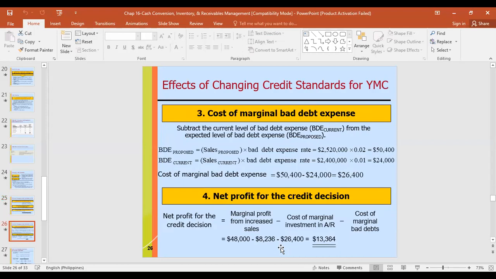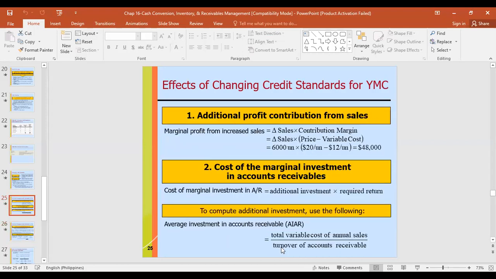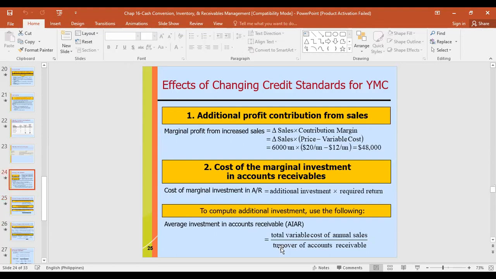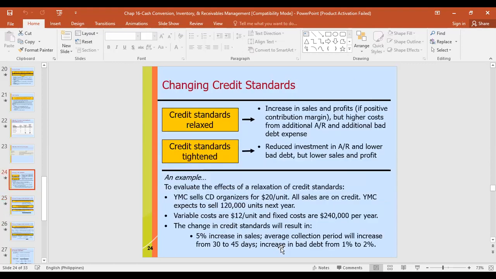Okay, so that is what we are going to do. We have the average collection period here, and so 365 divided by 45, that's 8.111 dot.